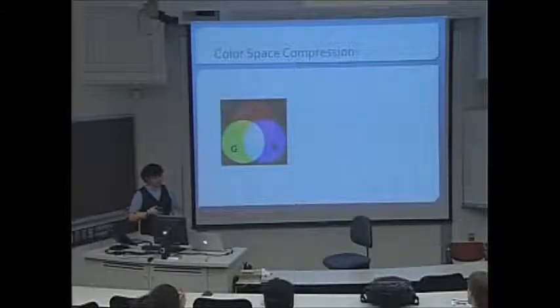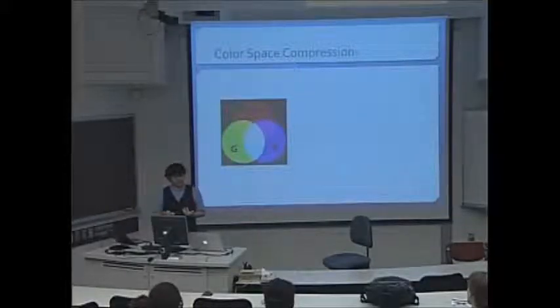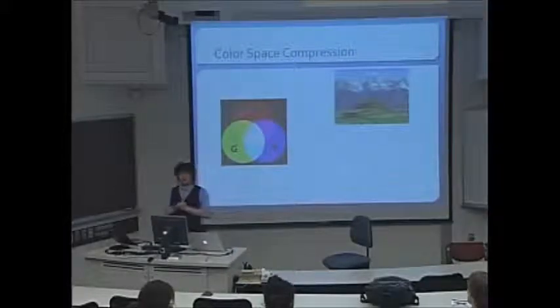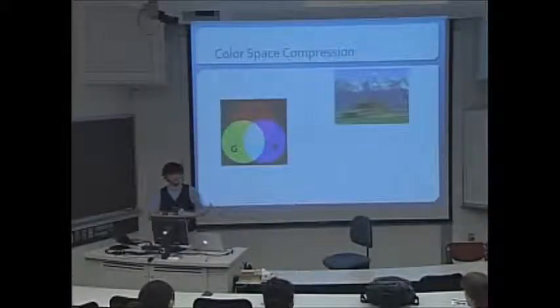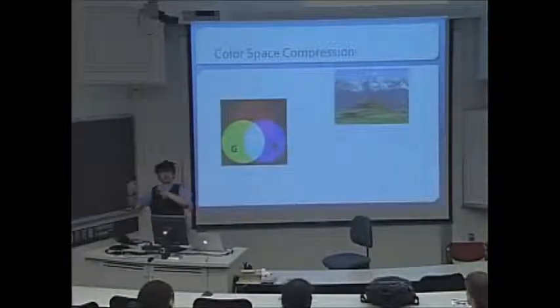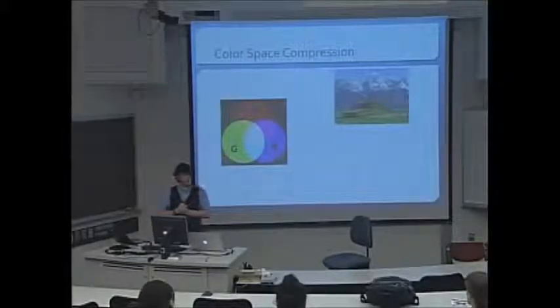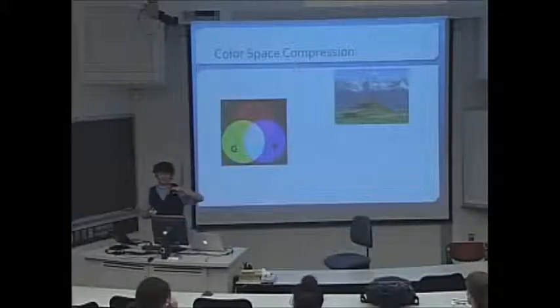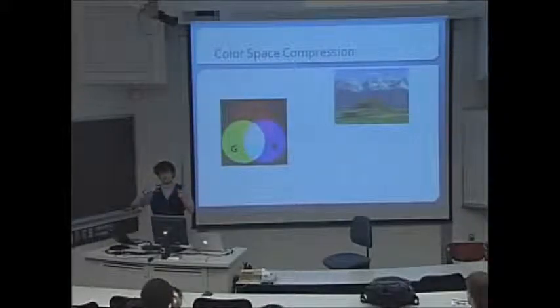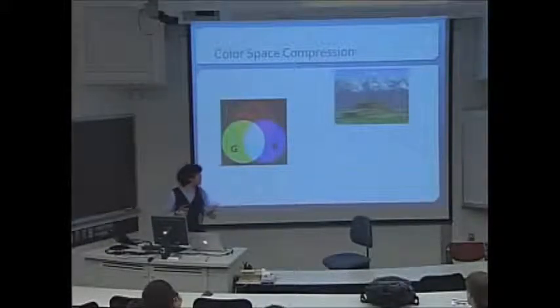So it makes more sense to split a picture like this one into a luma field, which is just the black and white picture, and then chroma fields, which are the color additions to that picture. You only need to store two chroma fields with the luma field, because you can subtract the two chroma fields from the luma field to get the third color.